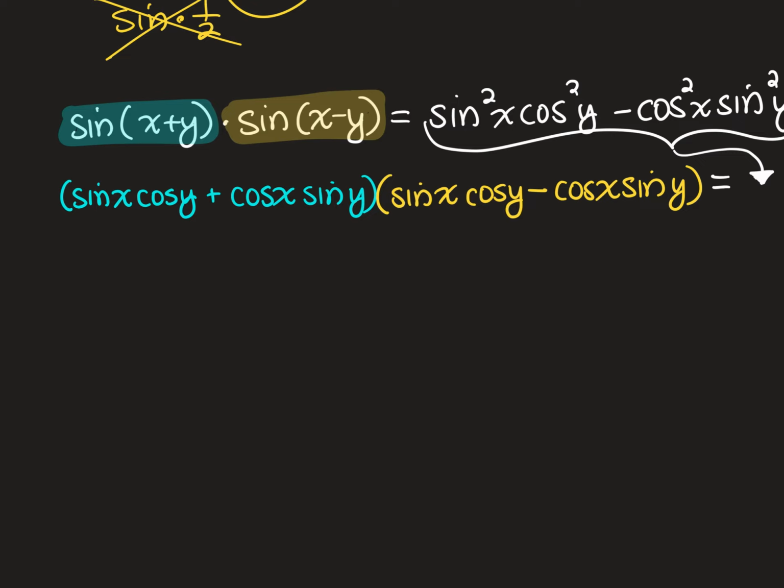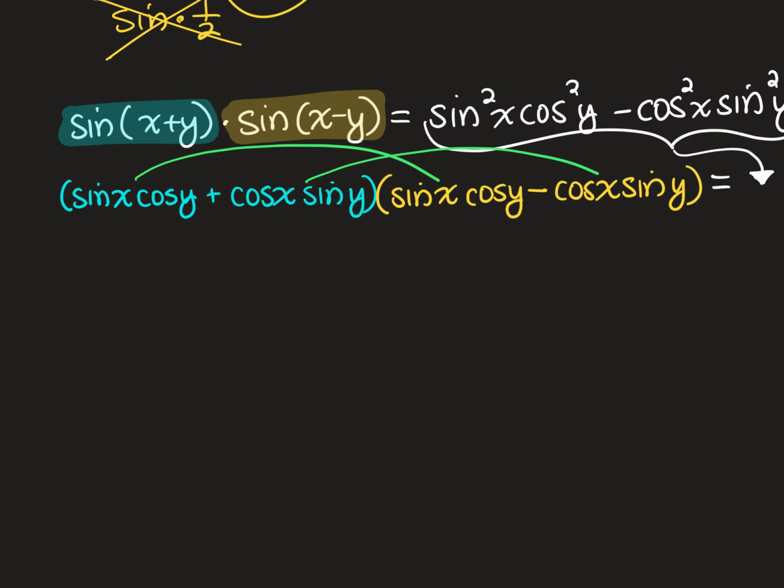But because I know it's a difference of squares, those middle terms are going to end up being 0. So all I've really got to worry about is what happens when I multiply the first terms together and the last terms together. That's all I care about, because those middle terms are going to be 0. So let's look at that.